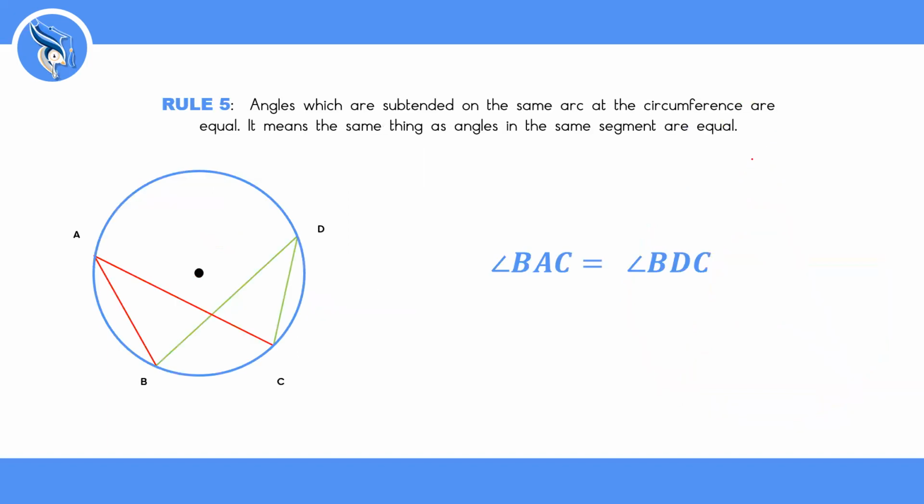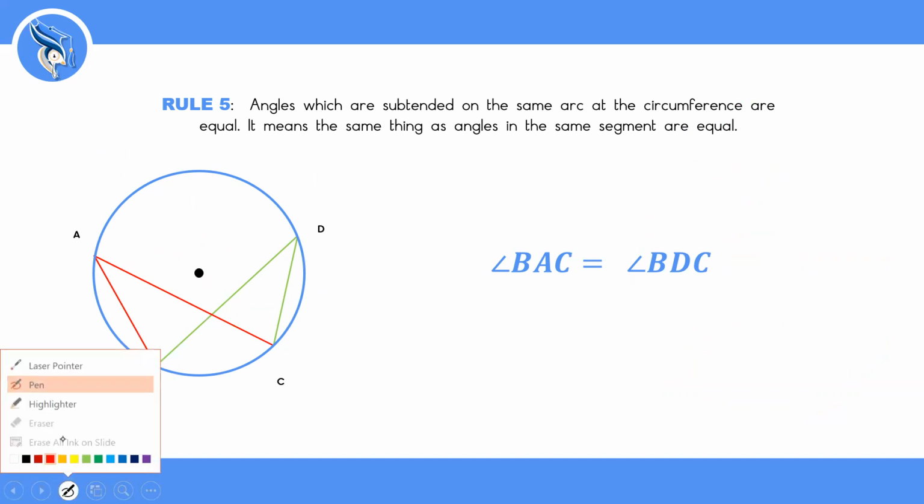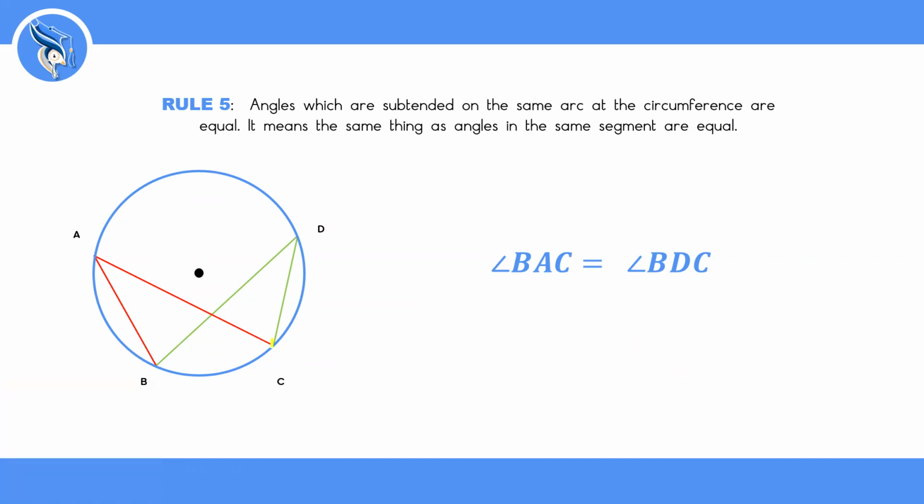Now, for rule 5, angles which are subtended on the same arc at the circumference are equal. And another way you can say this is angles in the same segment are equal. So if you look right here, I'm going to use different colors to highlight these angles.